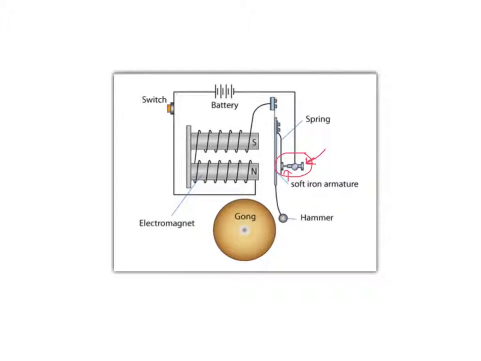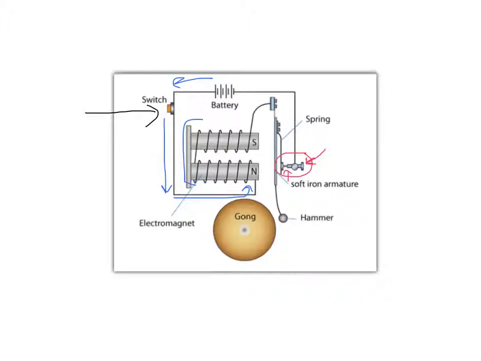Now, if someone were to press the switch, then we'll complete the circuit, current would flow. So we'd have current flowing down here, through this wire, and it would flow through these coils in this electromagnet, and it would turn that piece of material into a magnet.